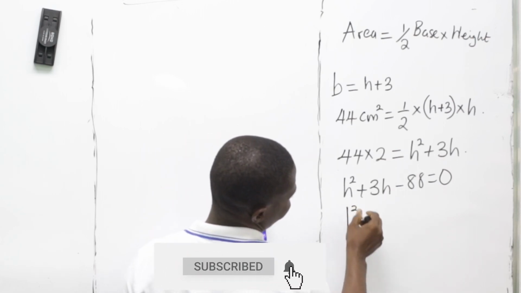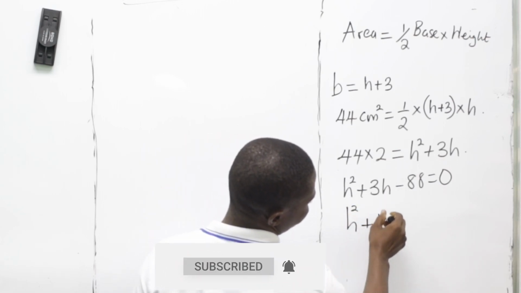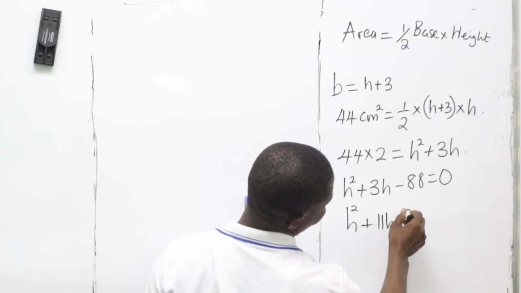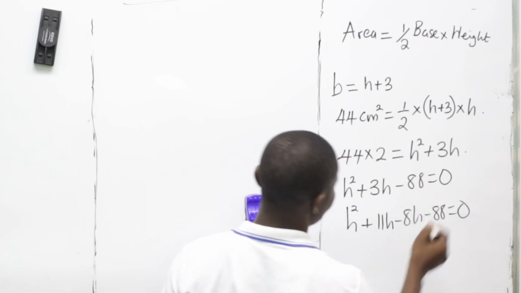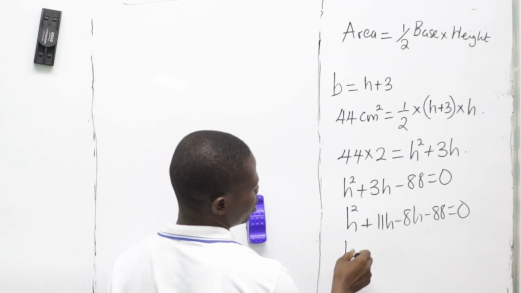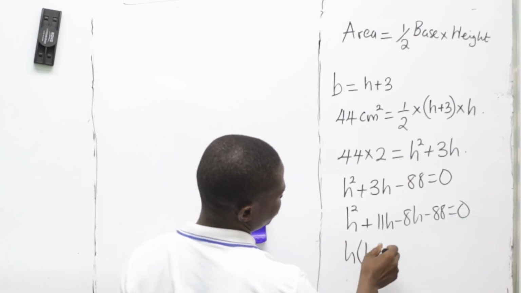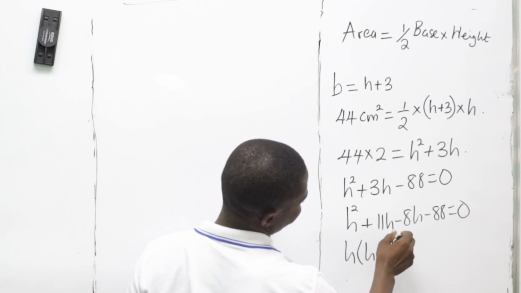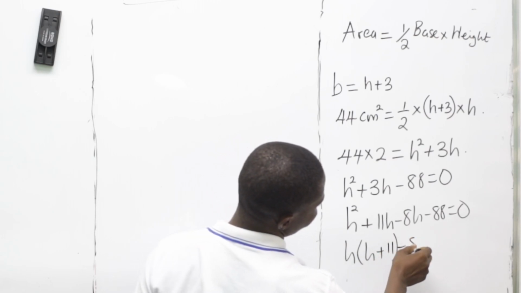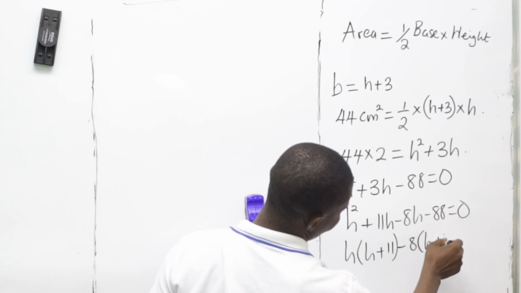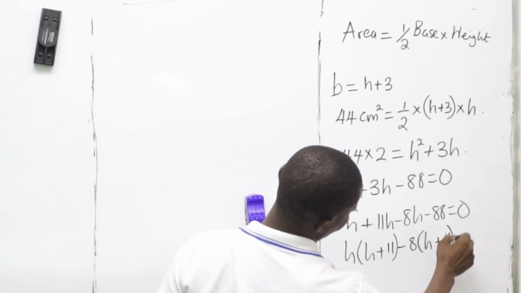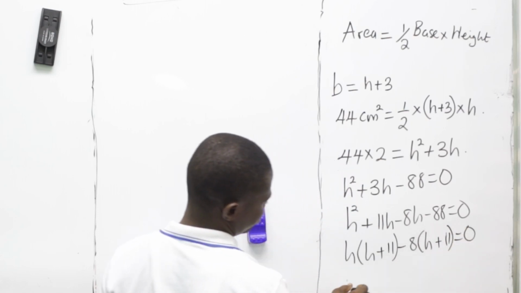Let us replace 3h by saying 11h minus 8h minus 88 equals 0. So that h into h plus 11, minus 8 into h plus 11 equals 0.